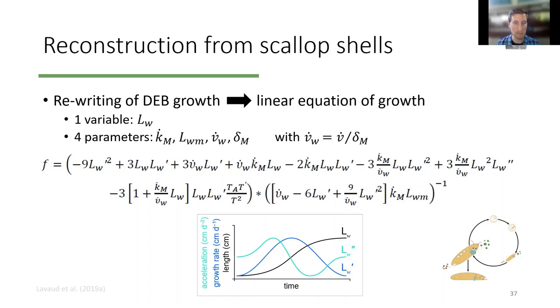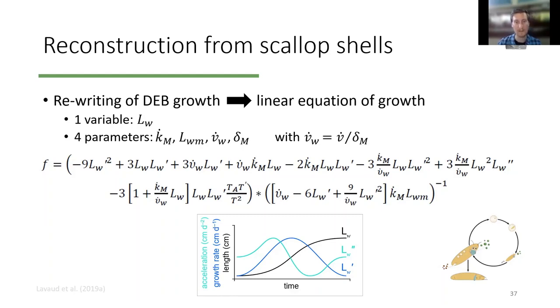So it is a linear form of growth that only uses 4 parameters that are listed here, and from that linearity in the growth equation, you can also retrieve the functional response that can be calculated from this scary equation here.